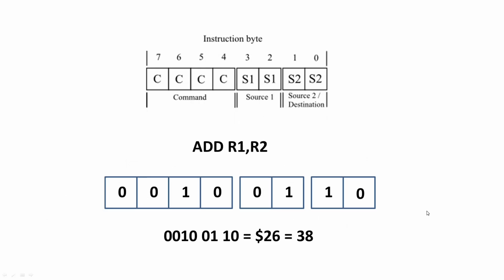So here's your actual byte. The add command is 0010, so that's a 2 in the top nibble. And you've got 0, 1 here for your source, R1. And you've got 1, 0, the second source and destination of R2. So adding all those bits together, you get 26 in hexadecimal or 38 in decimal.